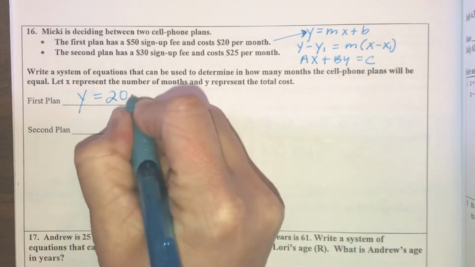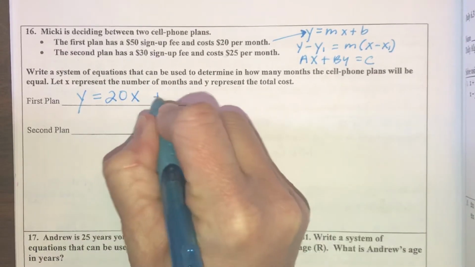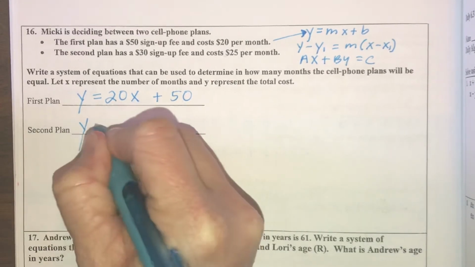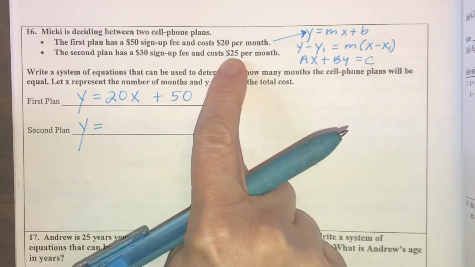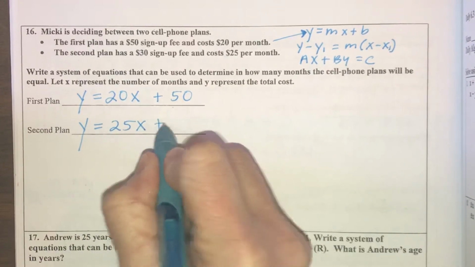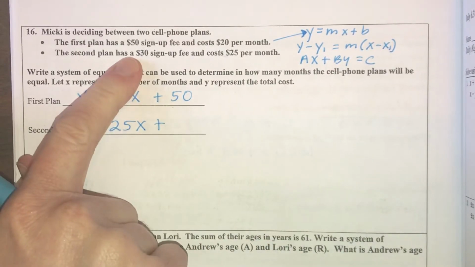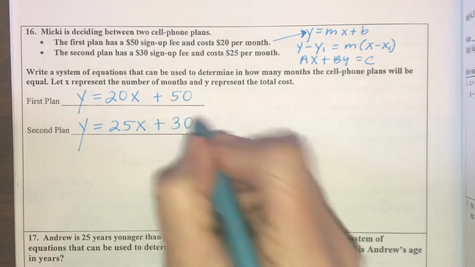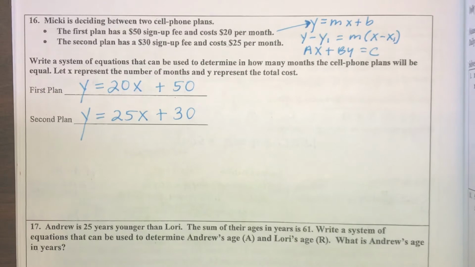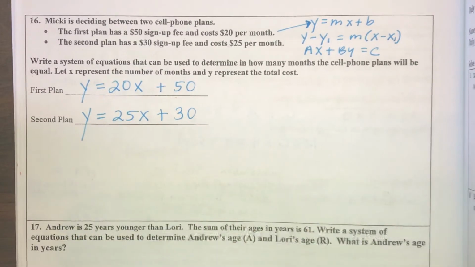So $20 per month plus an initial $50 sign-up fee. And then here's my second equation. Y equals $25 per month, so a little bit more, but your original sign-up fee is a little bit less, it's $30. And so that would be our two equations for the system.